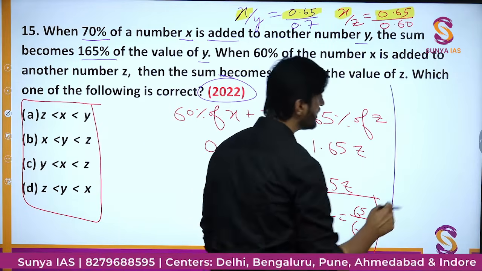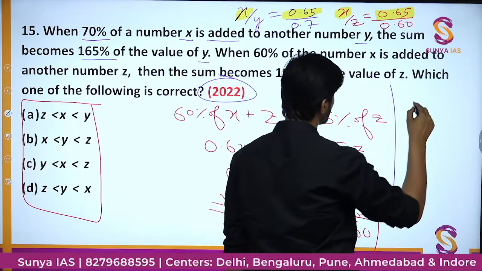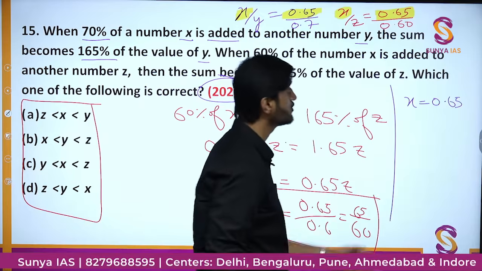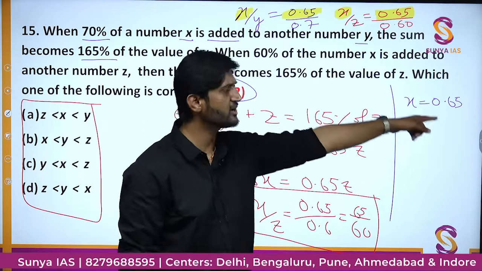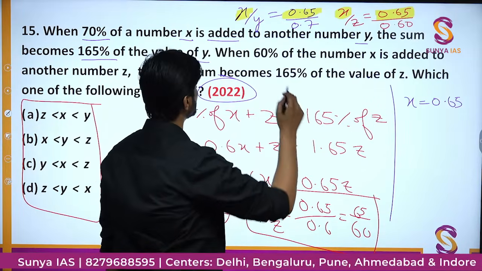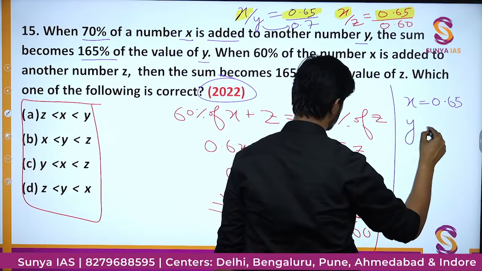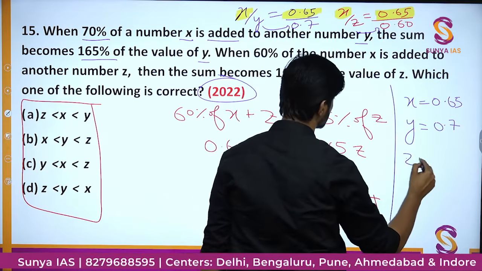What I am saying is a shortcut method to deal with the problem. It can be any multiple of 0.65 also. It can have any value, but for the case here, let us assume it to be 0.65. Now if that is the case, we can say y is equal to 0.7 and then z is equal to 0.6.